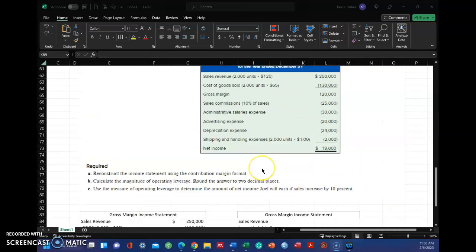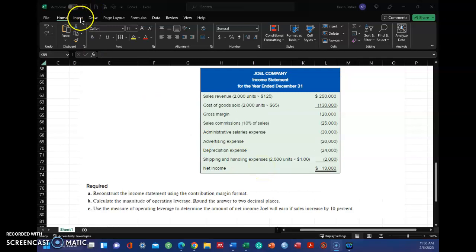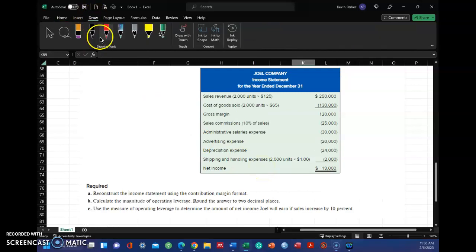Everything's in there. Before we dig in a little deeper, let's pull out the pen. And let's mark off what is a variable cost and what is a fixed cost. Cost of goods sold. That is a variable cost, okay? Sales commissions, variable cost.